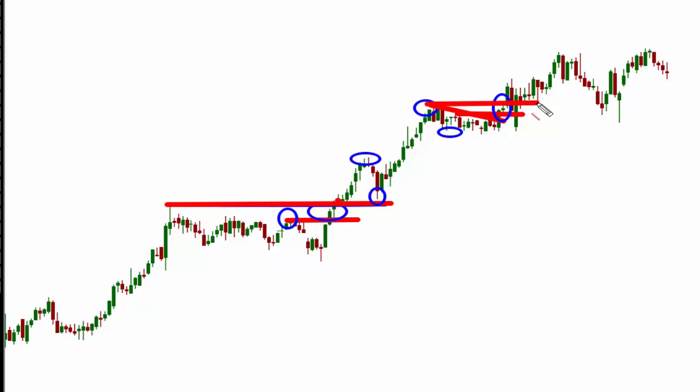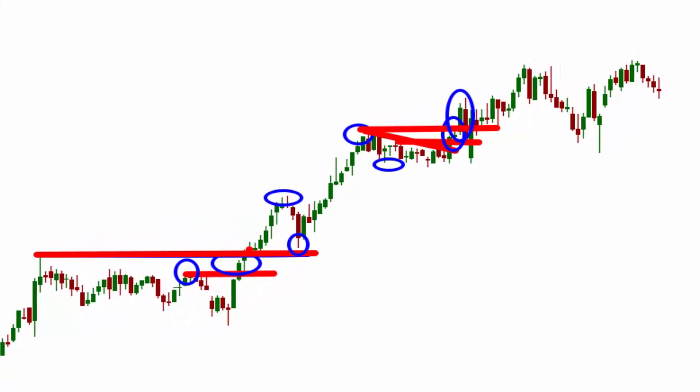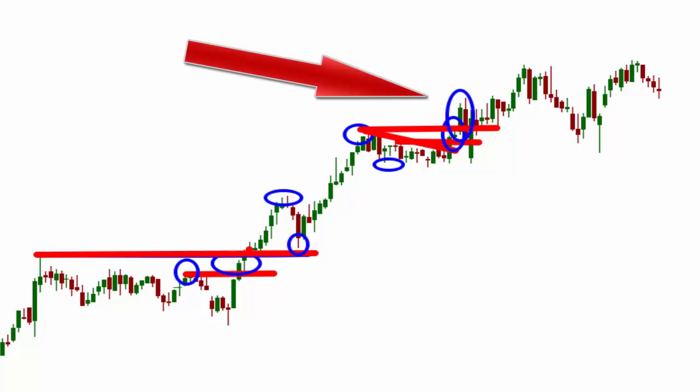Now, over here again, you saw price go through some lower highs followed by lower lows, lower highs to lower lows, and then price closed over the previous high right there, and then it took out the significant high right here.